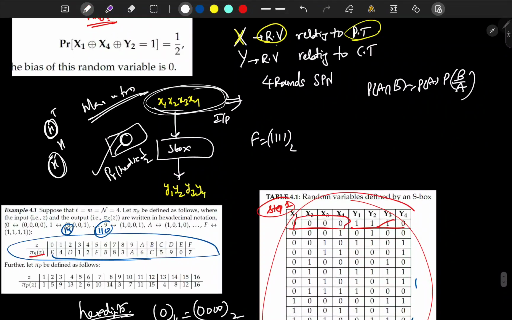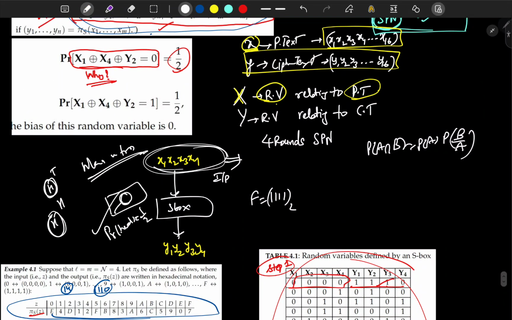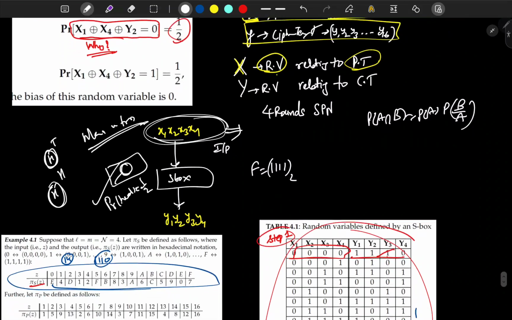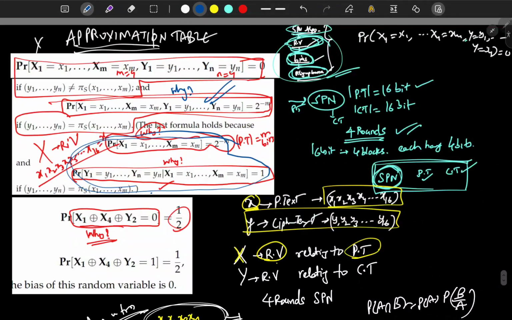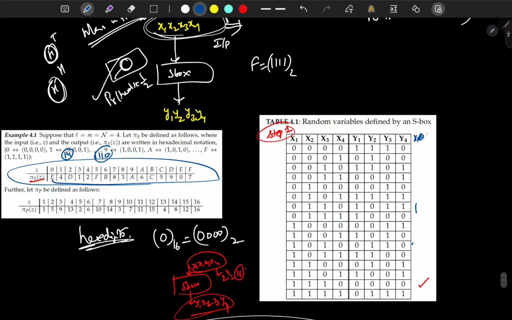Here they are asking to find the probability that x1 xor x4 xor y2 equals 0. So how will you do it? You have to write x1, x4, y2 equals 0, solve for all the cases, and use the formula: probability is favorable outcomes by total number of outcomes.